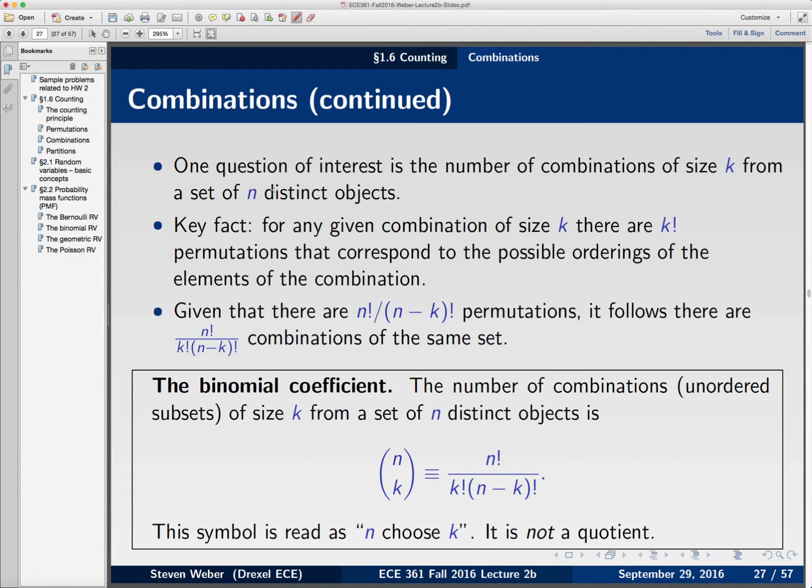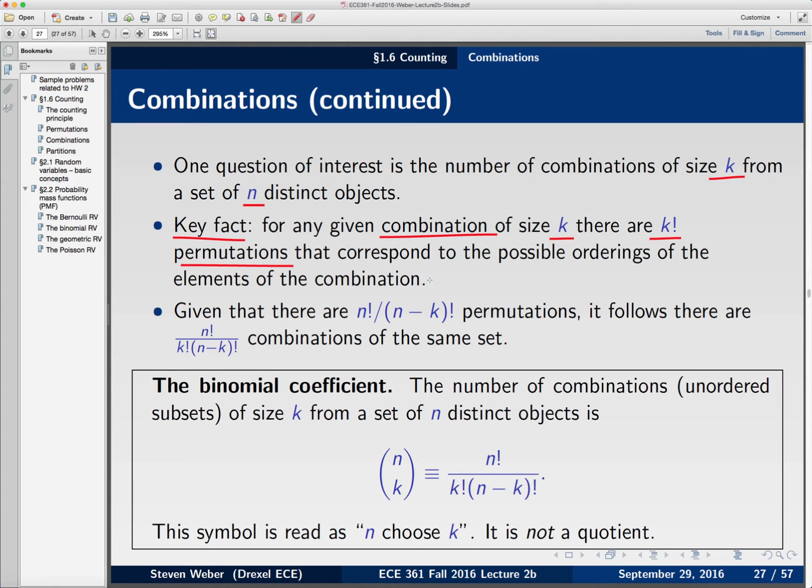So one question of interest is the number of combinations of size k from a set of n distinct objects. And the key fact is the following. For any given combination of size k, there are k factorial permutations that correspond to the possible orderings of the elements of that combination.